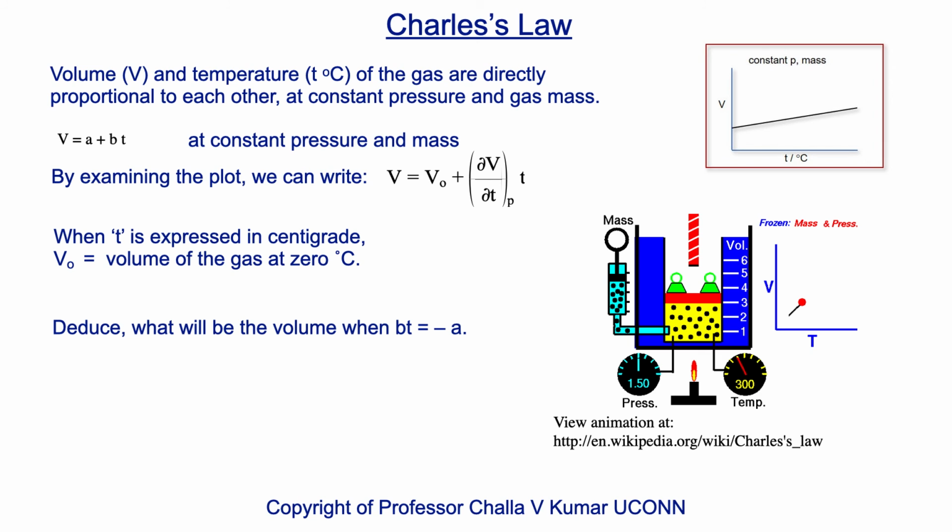Now we want to think about what would happen if the temperature is so adjusted that B times T equals minus A. Since B and A are constants, we can pick a temperature T such that BT equals minus A. Think about what would happen at this temperature, and what will be the consequence of it.